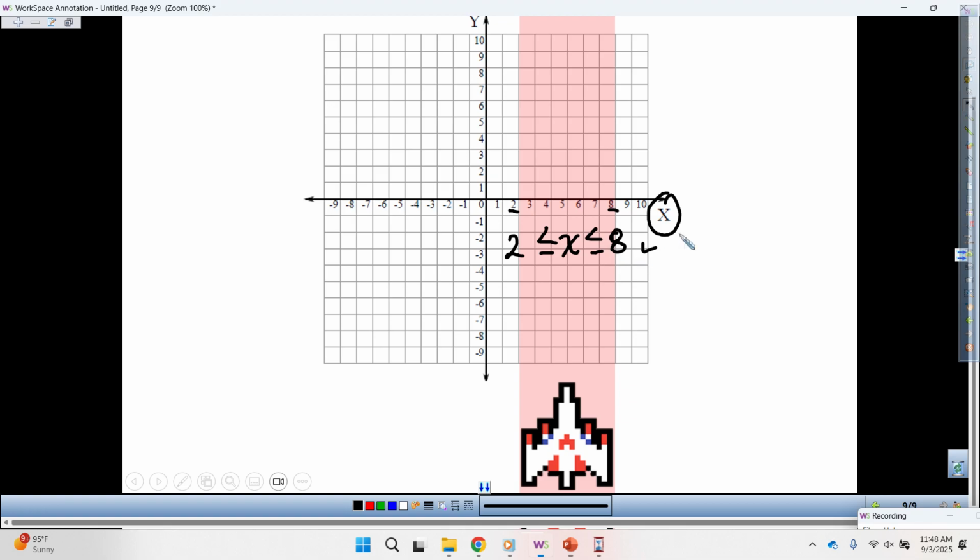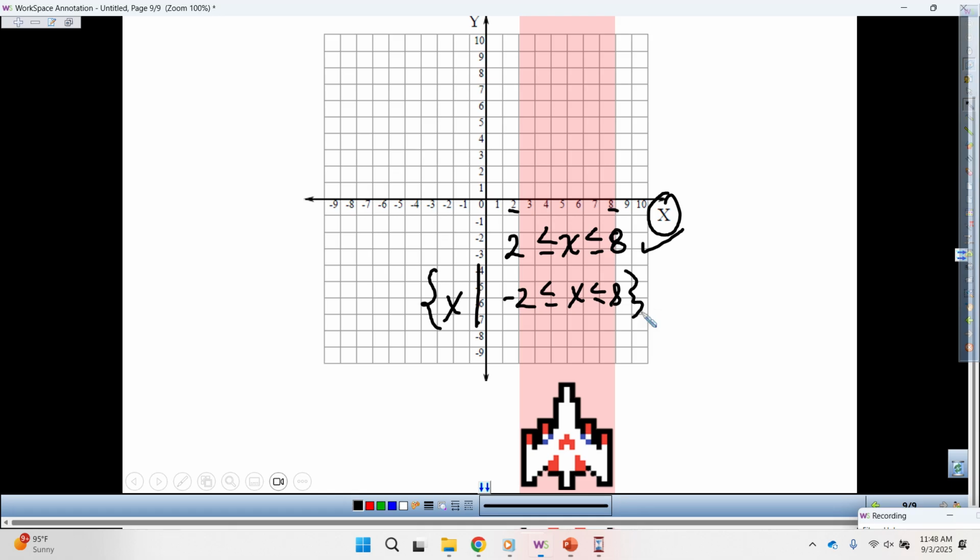And this is what kind of notation? Inequality. Can you make this into set notation? Do that into set notation, please. Set notation is what? Solution set of x such that -2 less than or equal to x less than or equal to 8.